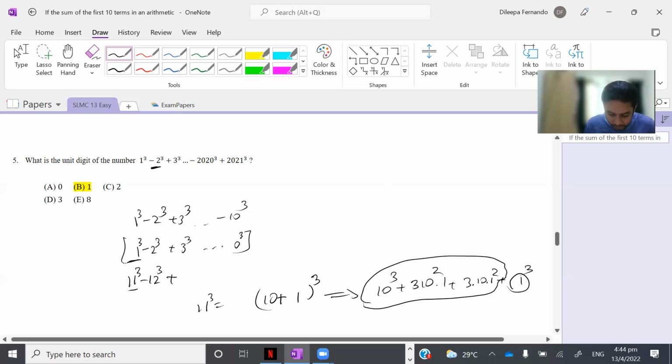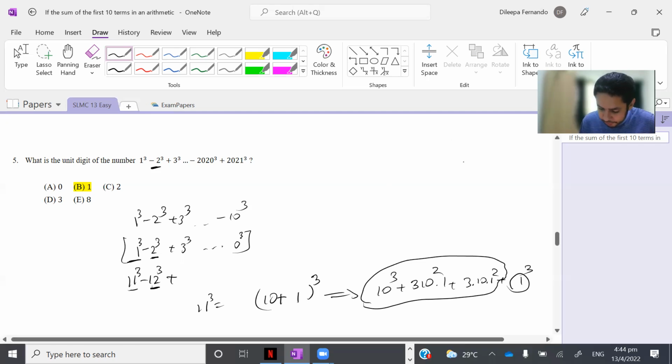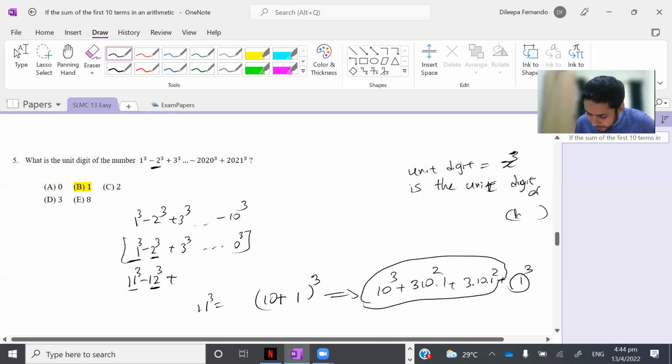You can see the same happens for the unit digit of 12 to the power 3 as well. For any number x, the unit digit of x cube is the unit digit of the cube of the last digit of x.